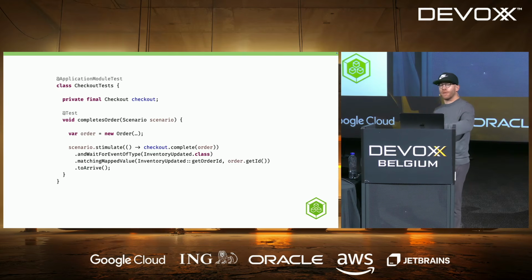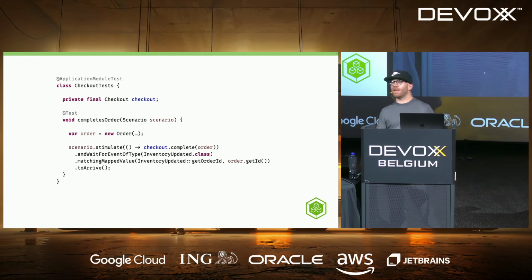But again, the question: how does that change the way that we test our application? Because now we have thread pools involved and asynchronous invocations, and oh, what do I do now? Thread sleep and wait until the email has been sent? I don't know.